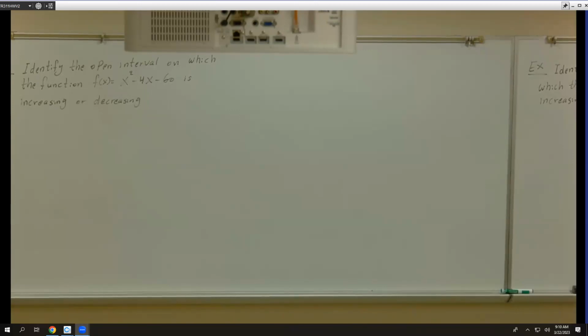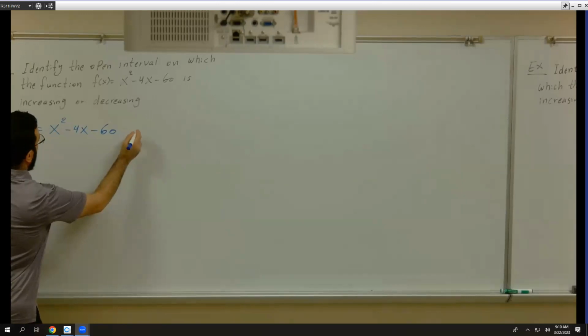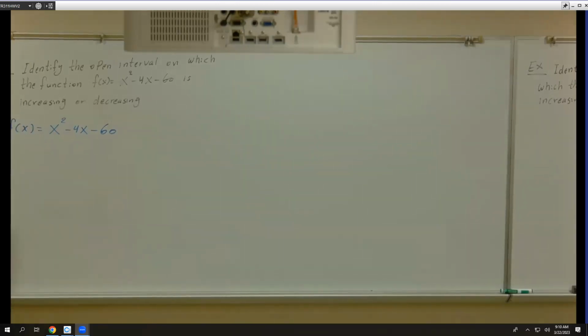So let's start with the first thing, find the derivative. That means we're going to find the critical numbers. Here's my function, f of x equals x squared minus 4x minus 60. I'm going to find the derivative.